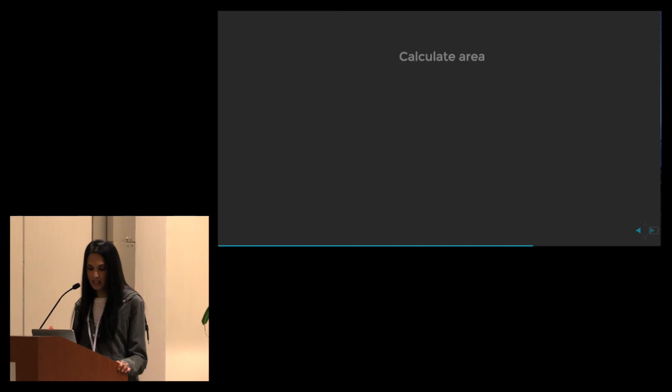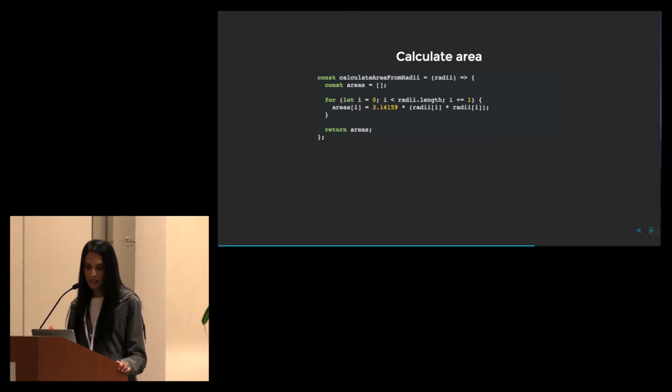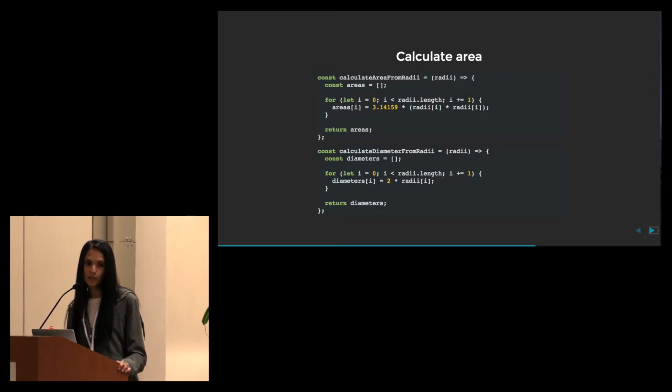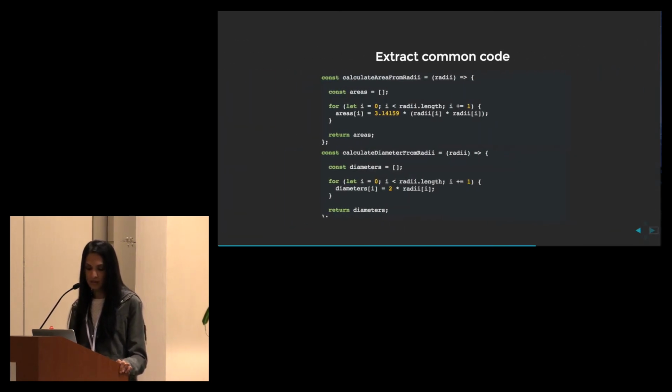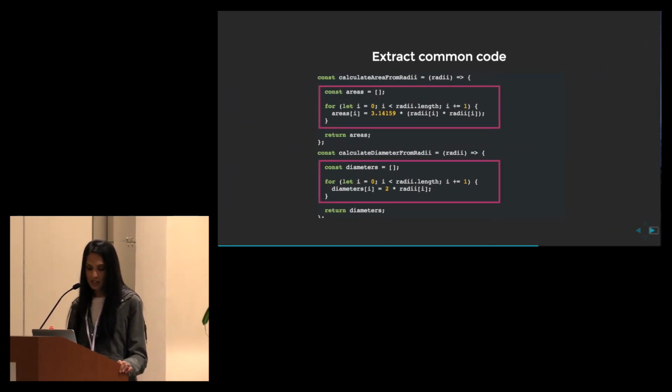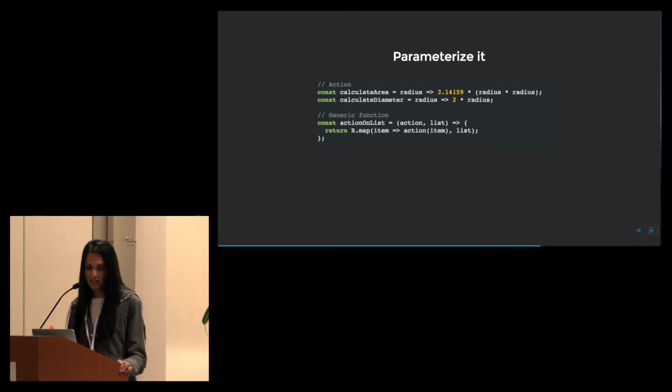Another suggestion I have is to parameterize everything. So let's go back to our calculate area function. And later on, we're told that we need to also have a function that calculates the diameters of these radii. They look very similar, so we decide to abstract the common code and create a simple action function out of it.